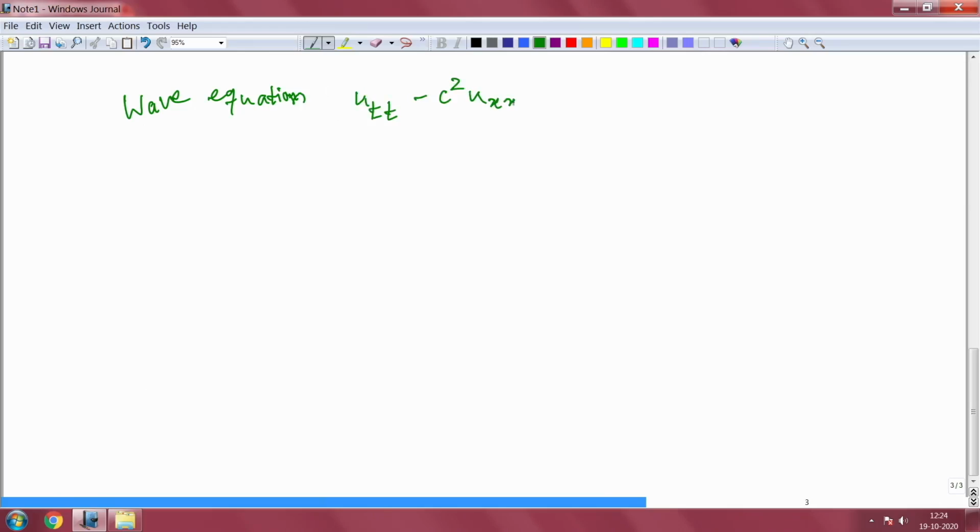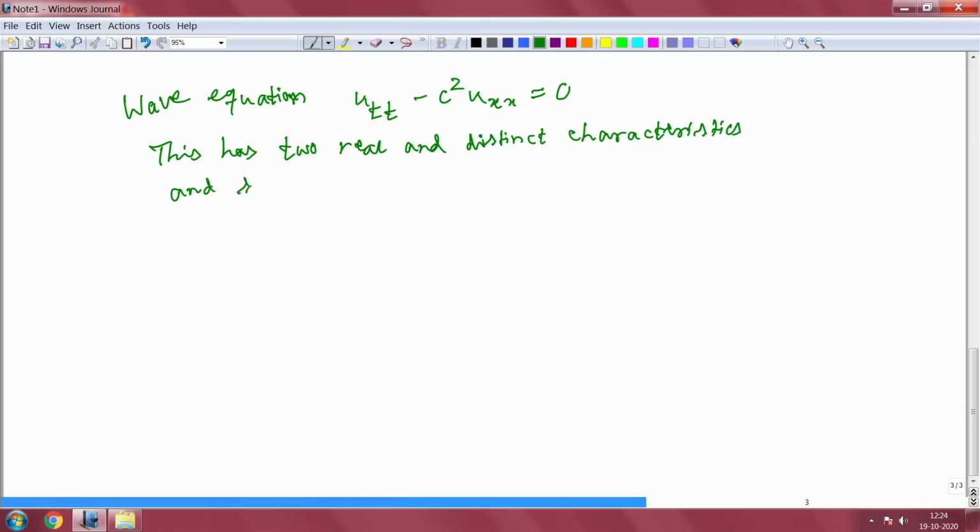We have already learned in the lectures on classification of second order equations that this has two real and distinct characteristics, and so belongs to the hyperbolic class.